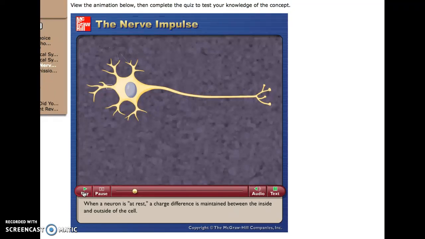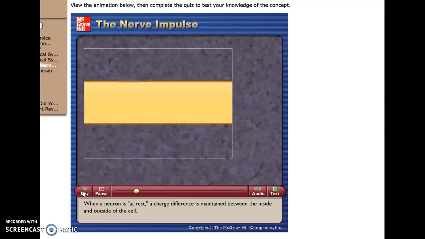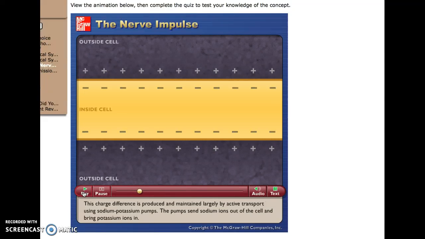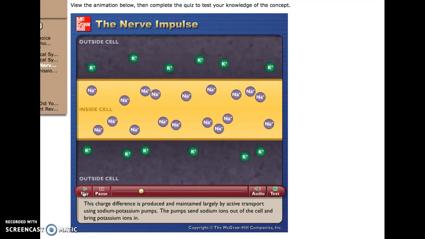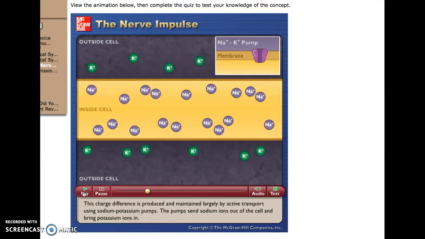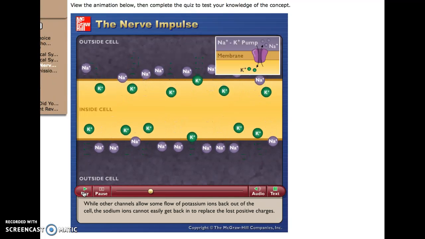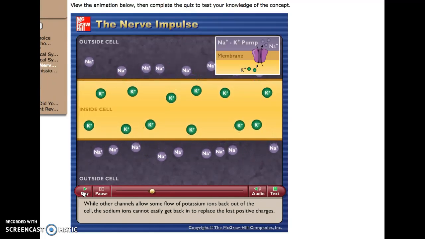When a neuron is at rest, a charge difference is maintained between the inside and outside of the cell. This charge difference is produced and maintained largely by active transport using sodium-potassium pumps. The pumps send sodium ions out of the cell and bring potassium ions in, while other channels allow some flow of potassium ions back out of the cell.